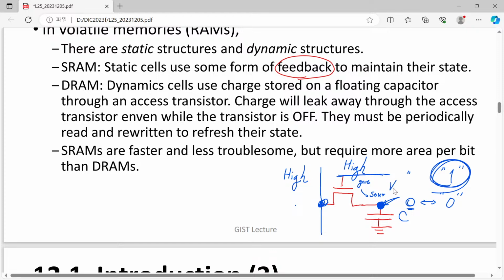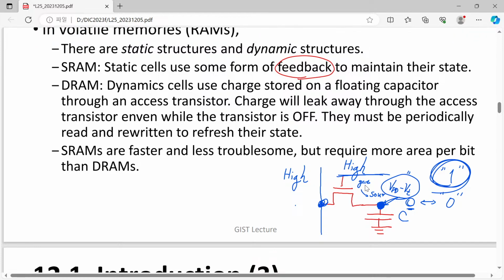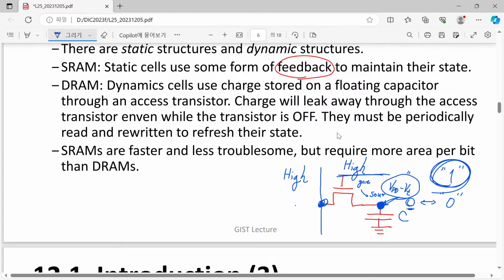We say that it is VDD minus the threshold voltage. After that, your transistor is turned off, and you will have a relatively higher value at your capacitor node.